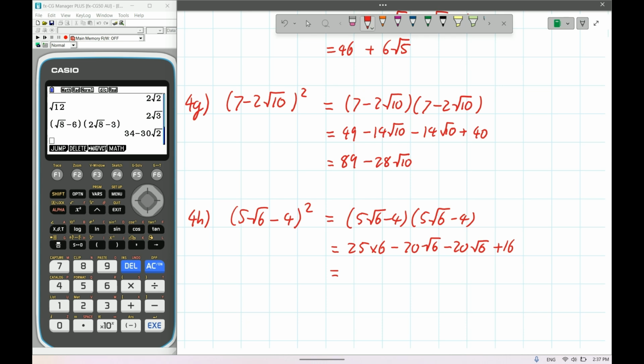Okay, so 25 times 6 is 150, minus 40 root 6, plus 16. And so that'll make 166 minus 40 root 6. Cool.